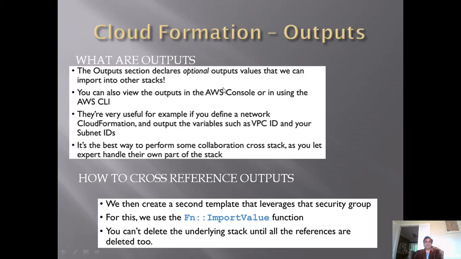You can also view outputs in the AWS console or using the AWS CLI. They are very useful. For example, if you define a network CloudFormation and output variables such as VPC ID or subnet IDs, it is the best way to perform collaboration across stacks. So you let export handle their own stack. So how to cross-reference an output? We use something called the Fn::ImportValue function.